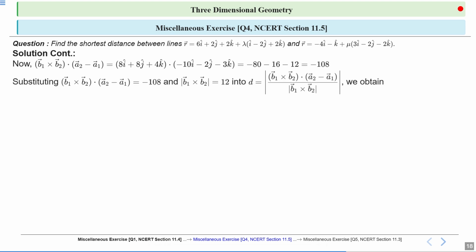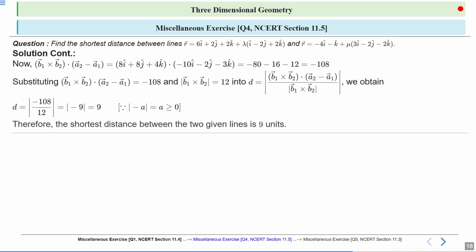Now substituting b1 vector cross b2 vector dot a2 vector minus a1 vector is equal to minus 108, and the magnitude of b1 vector cross b2 vector is equal to 12 into the formula D is equal to the magnitude of b1 vector cross b2 vector dot a2 vector minus a1 vector upon the magnitude of b1 vector cross b2 vector, we obtain D is equal to the absolute value of minus 108 upon 12, which is equal to minus of 9, which is equal to magnitude of minus 9, which will be equal to 9, since we know that magnitude of minus of a is equal to a, which is always greater than 0, right?